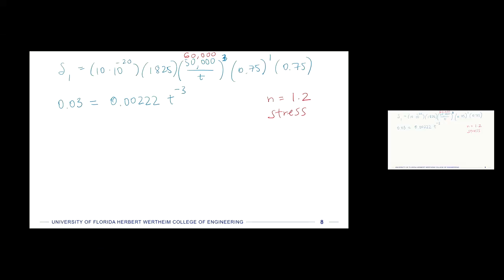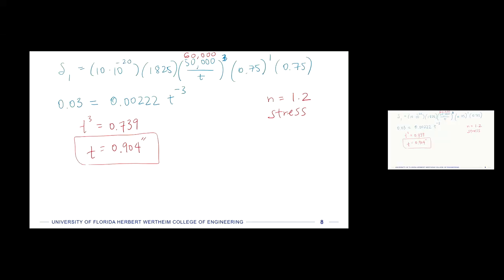And so if we then solve that, we can flip things around on the other side. We get t cubed is equal to 0.739. T is equal to 0.904 inches. So this is one solution to this problem. And that's kind of taking our historical precedent.